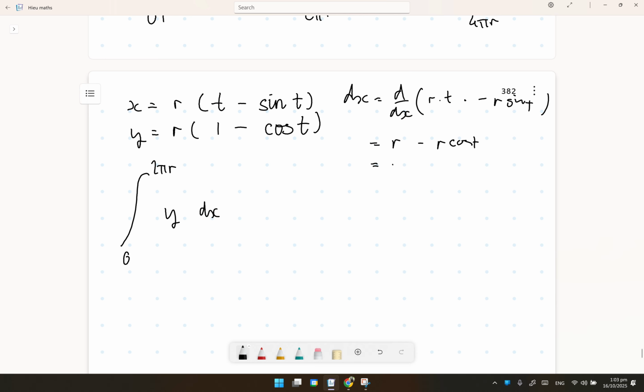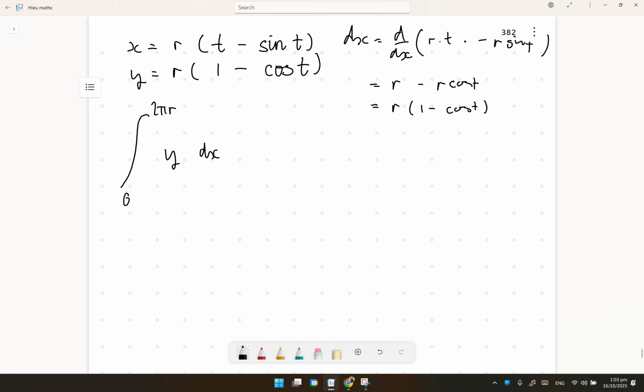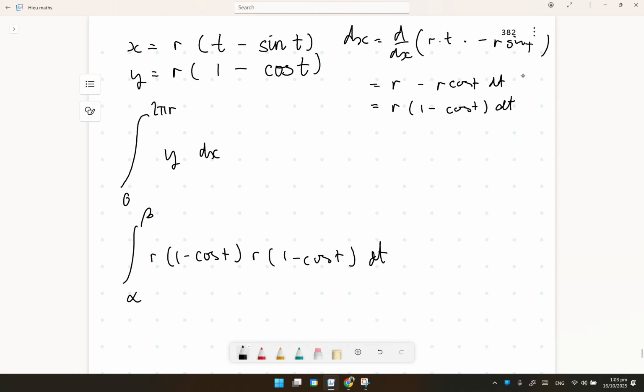And this would simply be r multiplied by 1 minus cos t. Okay. Y, so let's rewrite this equation without the new limits yet. So 2 pi r, or let's just say alpha and beta. Y is r times 1 minus cos t multiplied by r times 1 minus cos t, dt. I forgot about that.